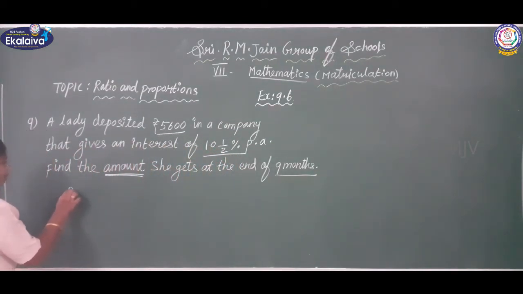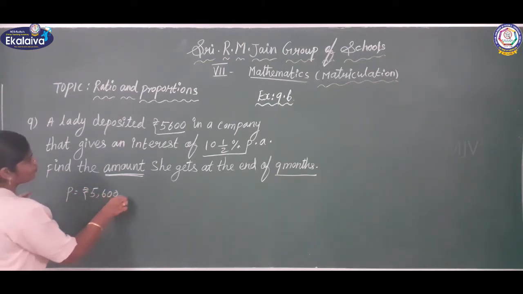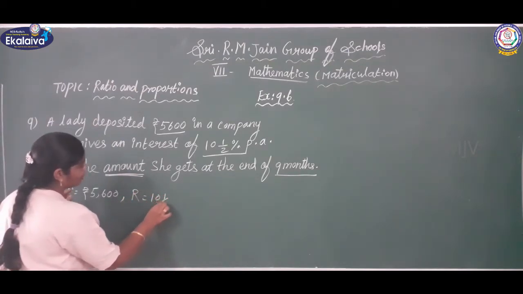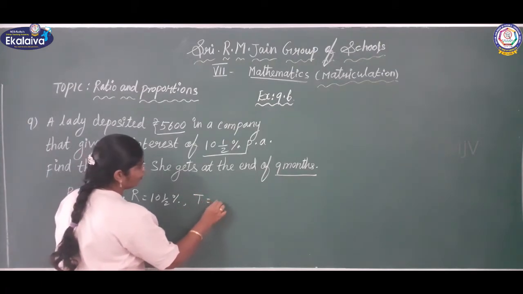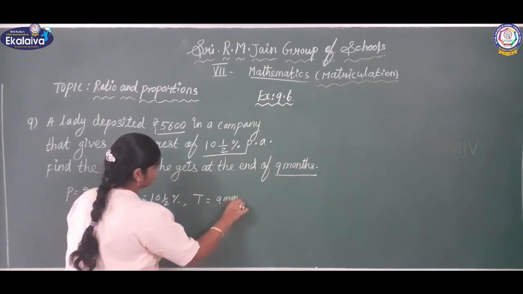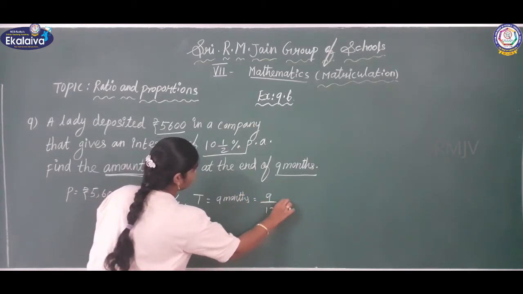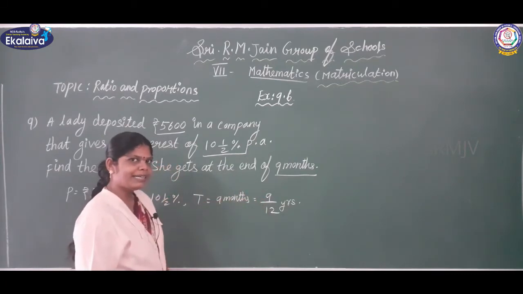So here principal equal to rupees 5,600. Then rate of interest equal to 10 and 1/2 percentage and time equal to 9 months. Just convert into years, 9/12 years. Because in 12 months we are going to find only 9 months.